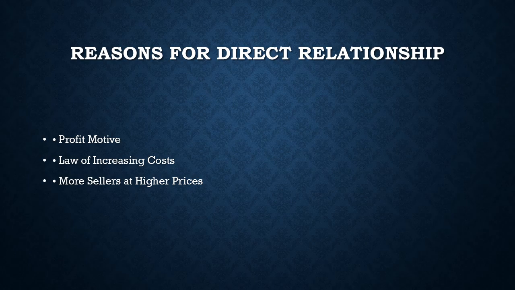Okay, students. Now the next topic is reasons for the direct relationship between price and supply. The first one is profit motive. Sellers want to earn more profit. When the price rises, profit increases, so they are willing to supply more goods.